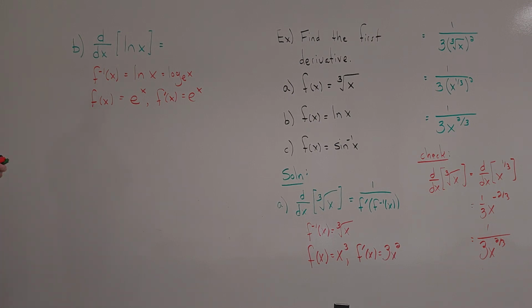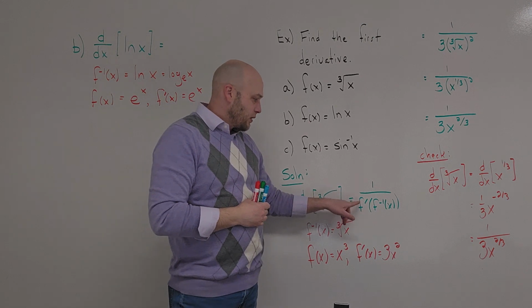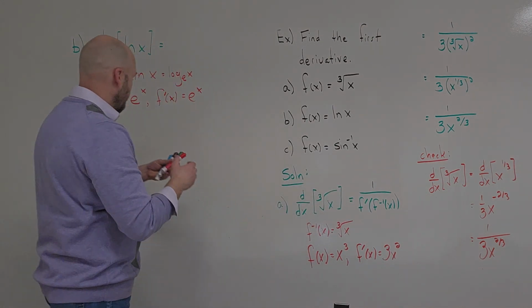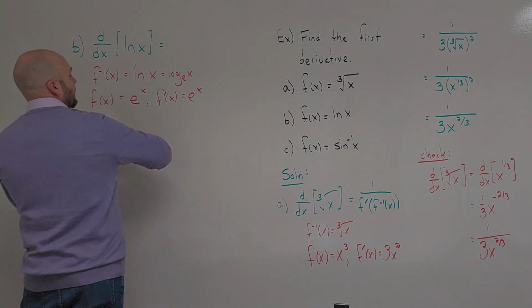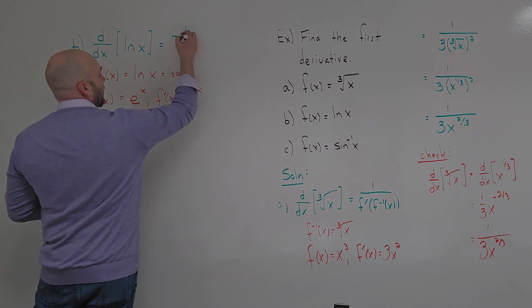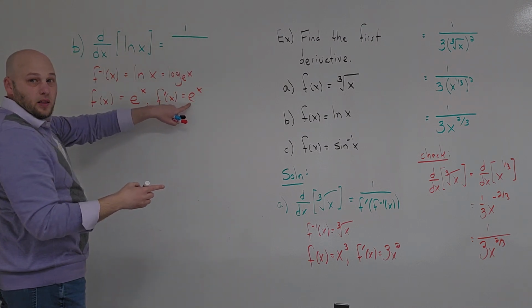Okay, so now I have everything in place. And just like over here, the derivative is the reciprocal of f prime evaluated at f inverse. That gives me 1 over, so again, f prime is what I'm plugging the inverse into.